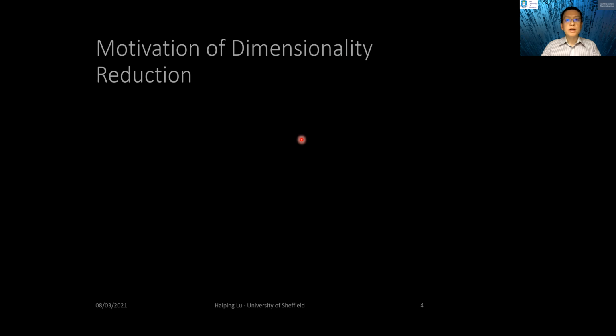We have learned dimensionality reduction in the ML AI module, and we know that the primary motivation for dimensionality reduction is that our real-world data, our raw data, are complex and high dimensional.